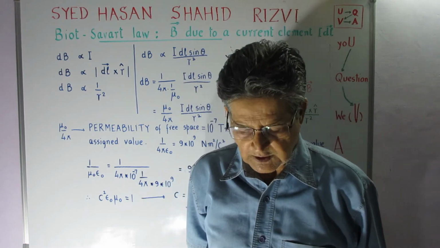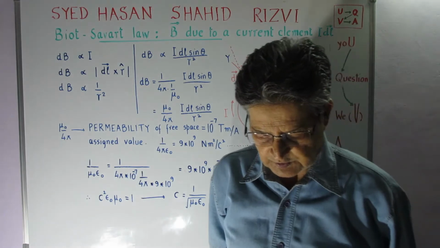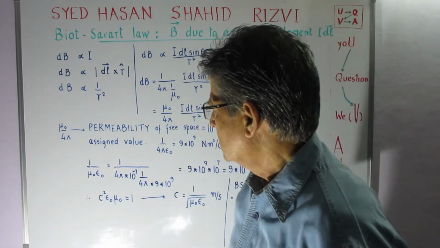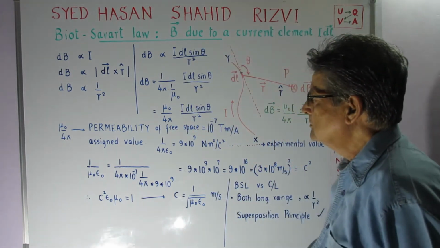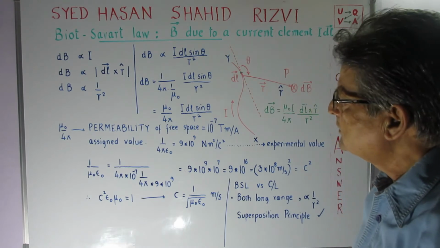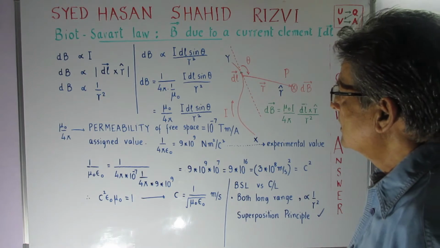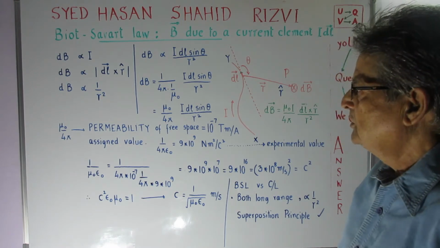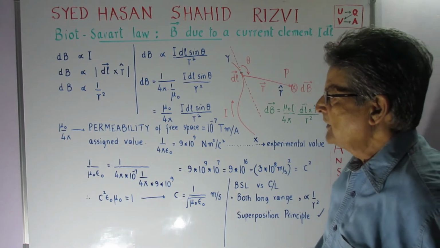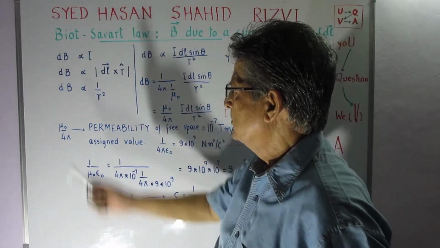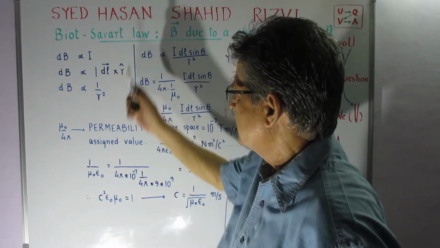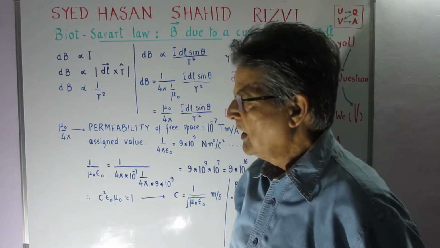I am with a new lecture in the series of lectures regarding magnetism and charges and currents, etc. And we are going to discuss what is written as Biot-Savart Law.